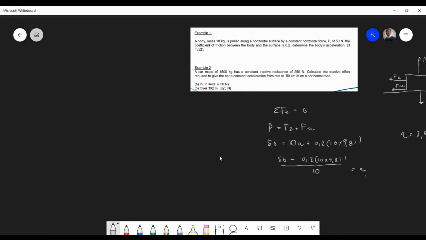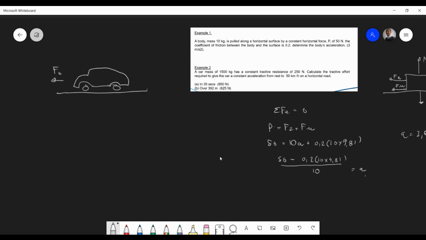Fairly easy example. It's gonna get more fun soon. You've got a car on a horizontal road. Okay, it doesn't really matter which way it's going. Let's say it's going this way.